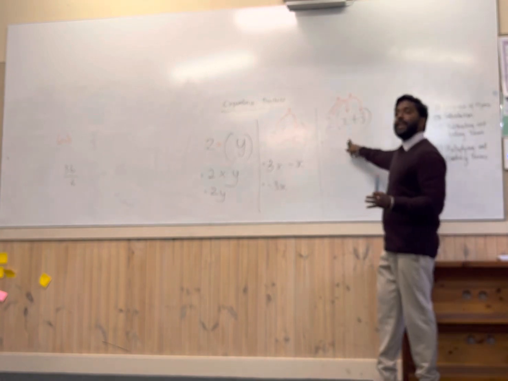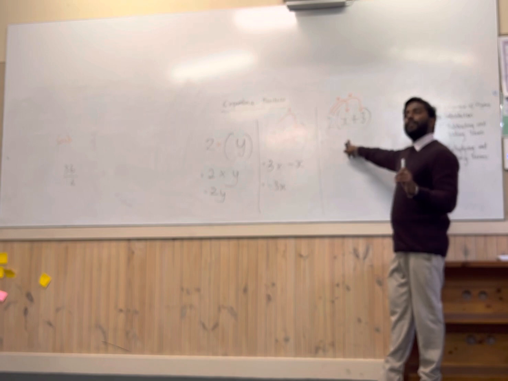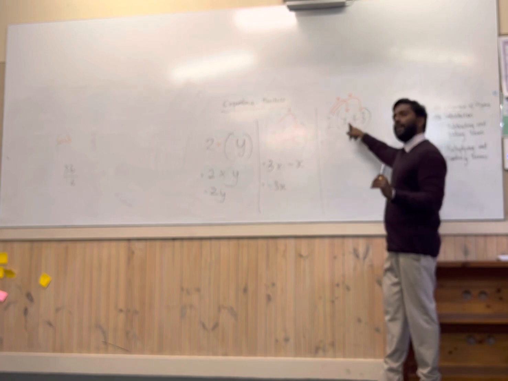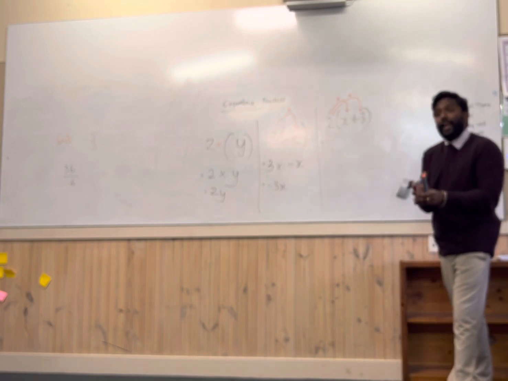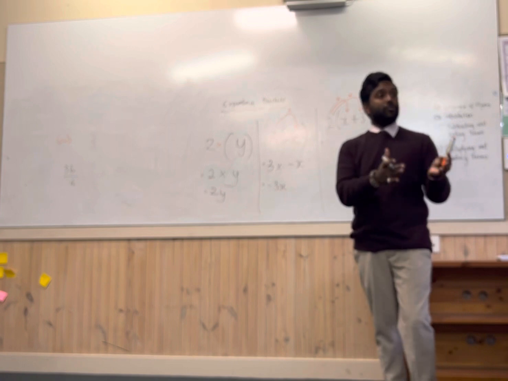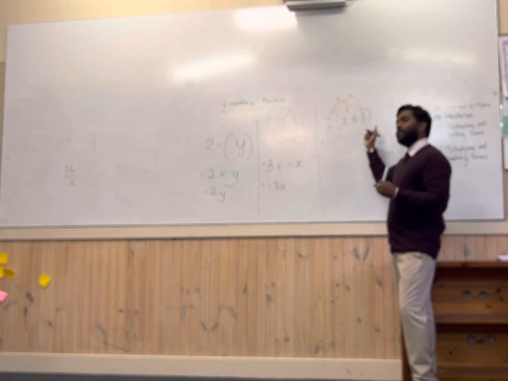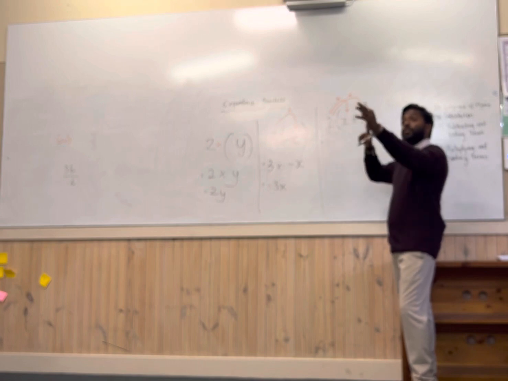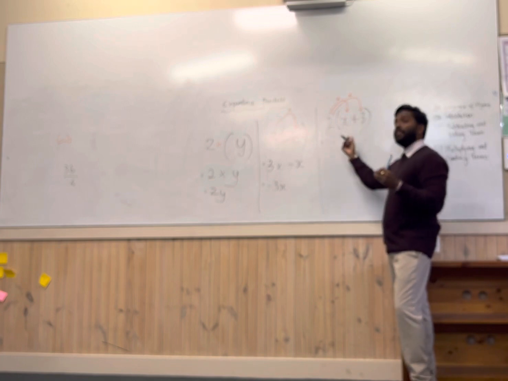But is x the same as 3? Is that a like term to the number 3? No, so we cannot add them. You can multiply unlike terms, but here you cannot add these two because they're not like terms. Otherwise, it's x plus 3. Good point. I know what you're trying to say because you're thinking we should add these.